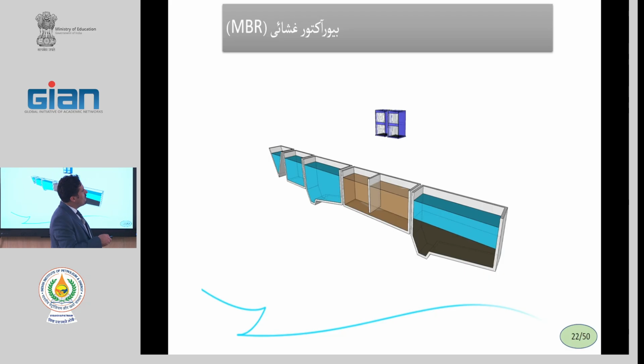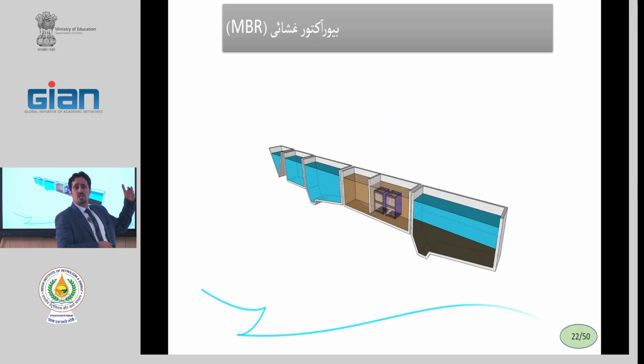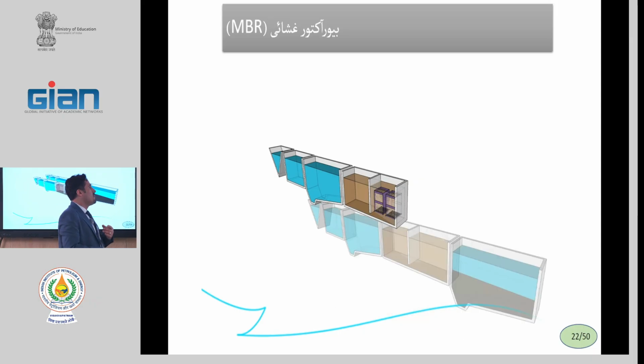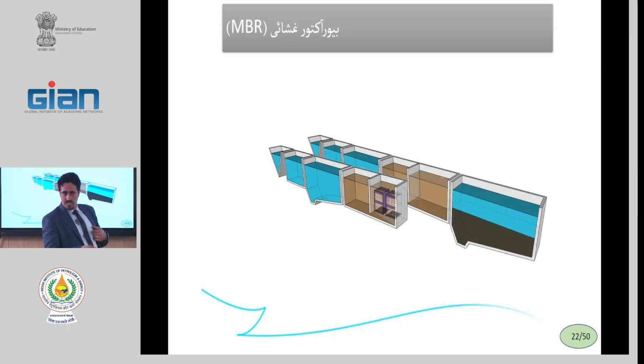But when we use membranes for separation of microorganisms, we do not need the sedimentation tank, and the size of the treatment unit is mostly reduced, and the quality of the water is also high.